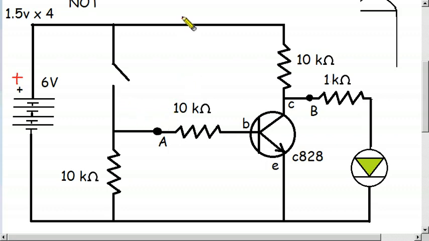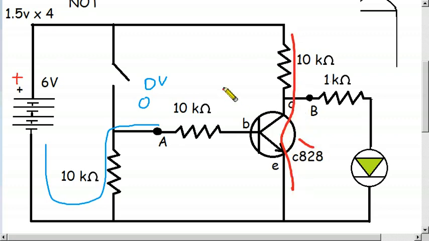This base is connected to the negative side like this, so the logic level here is low, that means 0 volt, 0 logic. Therefore no base current. When there is no base current, there is no collector current. To have a collector current, there must be a base current. Since this switch is off, there is no base current and also no collector current.